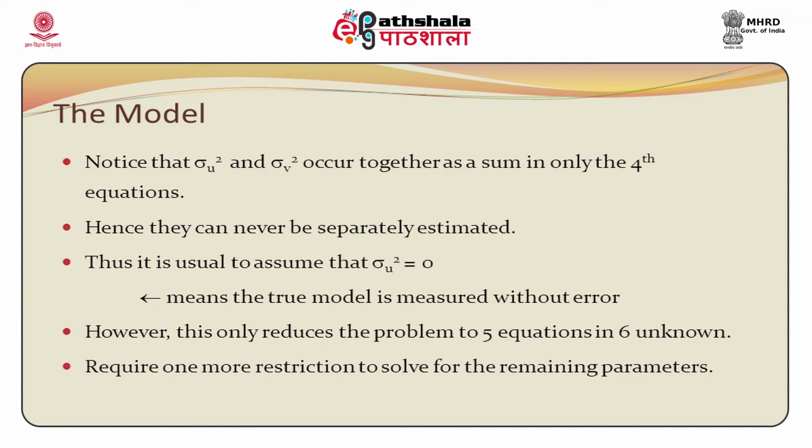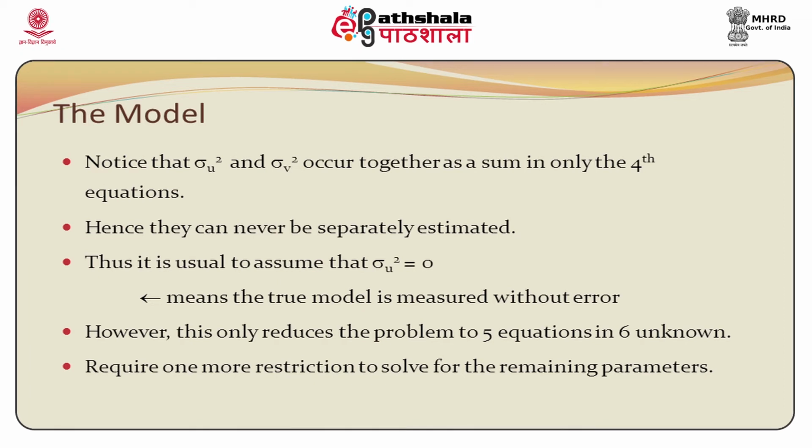Hence, what is generally done is that we assume that sigma u square is equal to 0. And what does that mean? Mind you, sigma u is the variance of the model error. So, we are assuming that the true model is exact, it does not have an error.